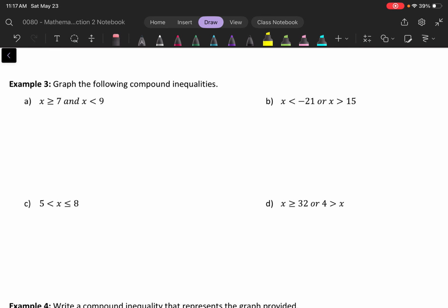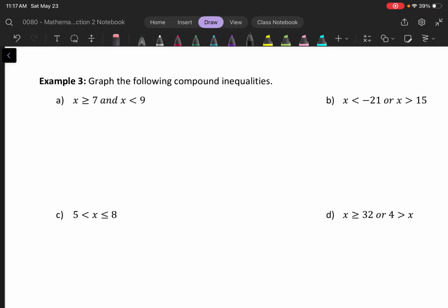We are going to graph some compound inequalities. Now, let's take a look at the first one. Just like our last set of inequalities that we graphed, we started by drawing a number line. And I am going to draw a number line.